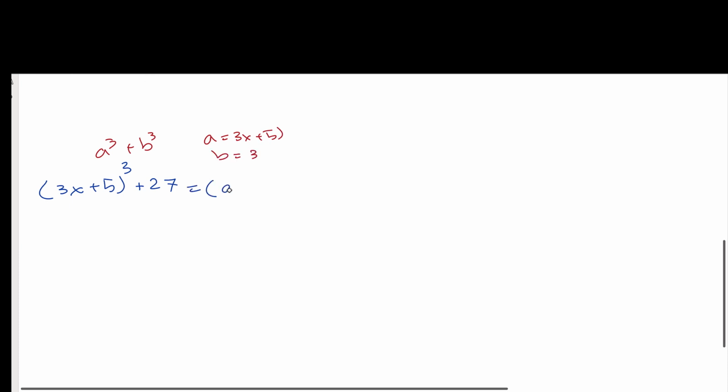So this factors, again, a and b, and the linear factor matches the same sign. And then you replace it back, 3x plus 5 plus 3, then 3x plus 5 to power 2 minus 3 times 3x plus 5 plus 9.